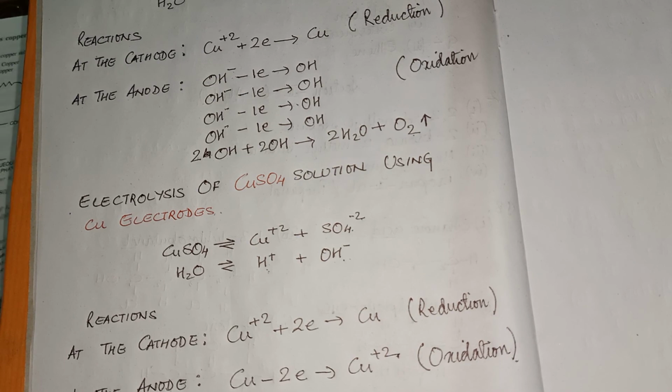So this is the electrolysis of copper sulfate solution using active anode and using inert anode. I hope I have made you clear about the electrolysis of copper sulfate solution.